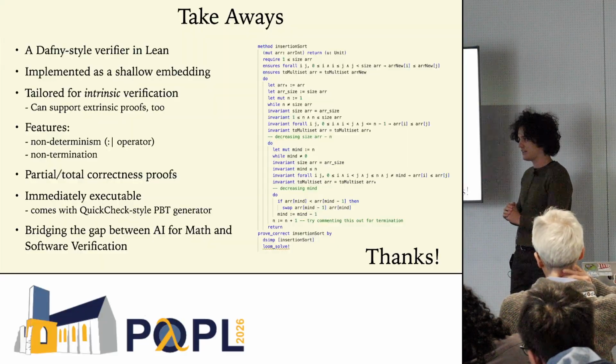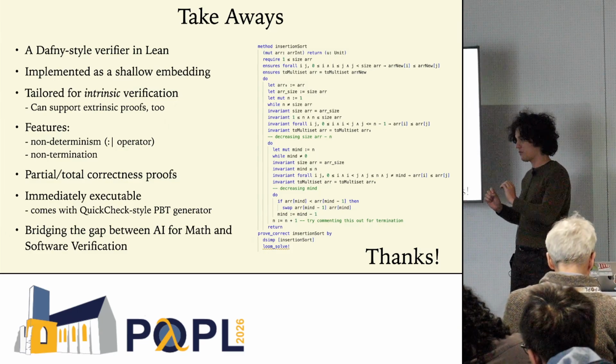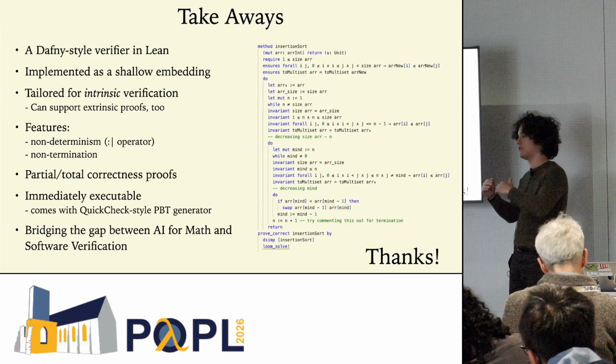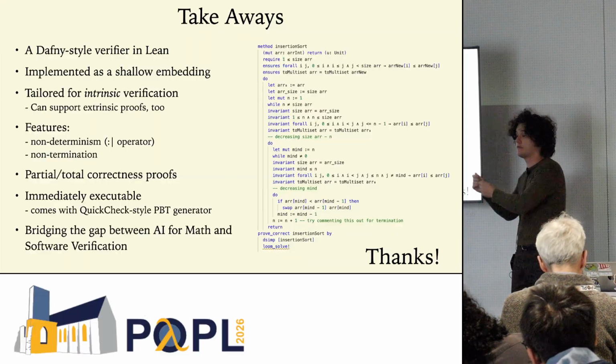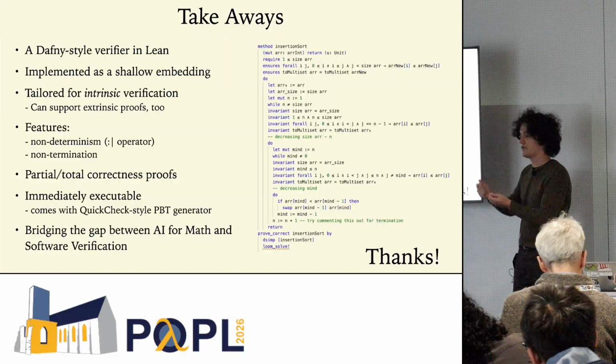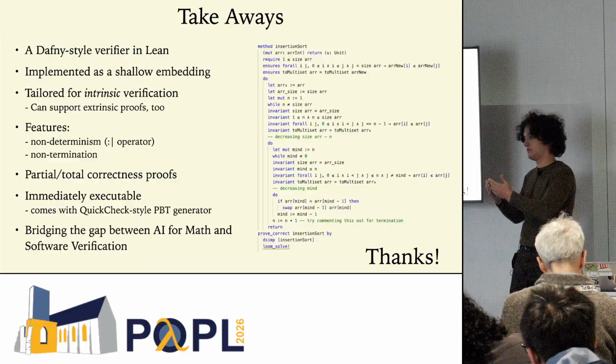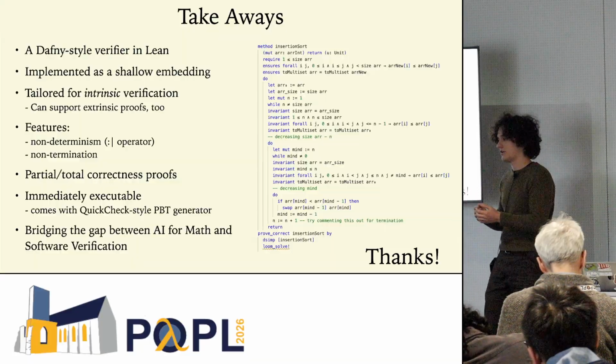Yes, we tried, and it actually works. One thing that really helps when it makes suggestions for invariants is that we can execute our code and property-based test invariants as well. So this helps it have a feedback loop, and that's quite important.